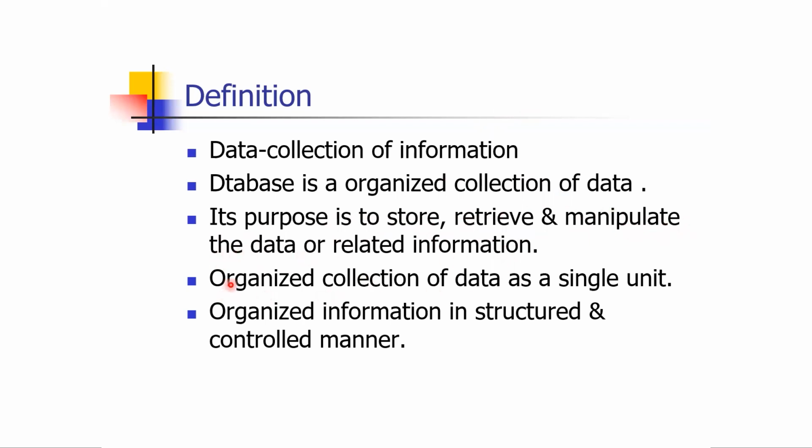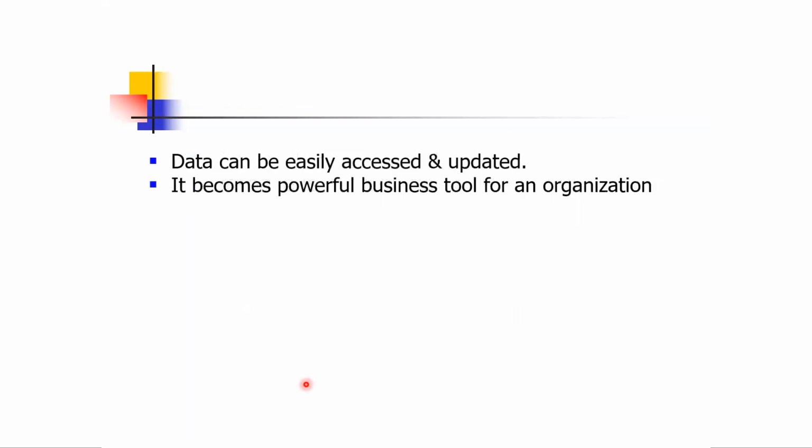Hence we can say a database is an organized collection of information or data as a single unit, and that should be in a structured or controlled format, meaning the information should be collected in a proper format. Data can be easily accessed and updated.